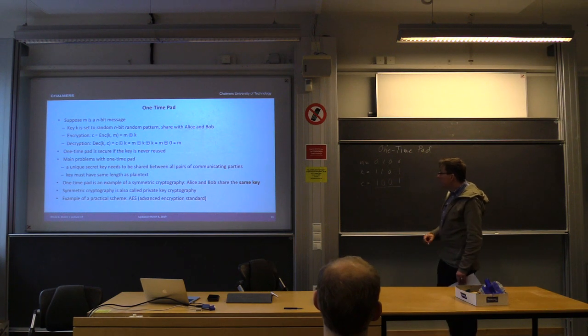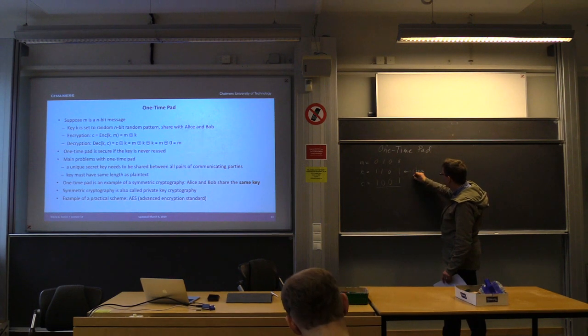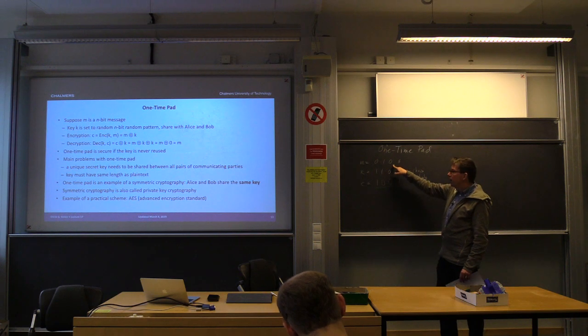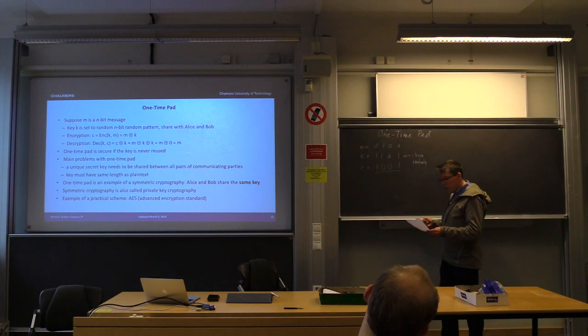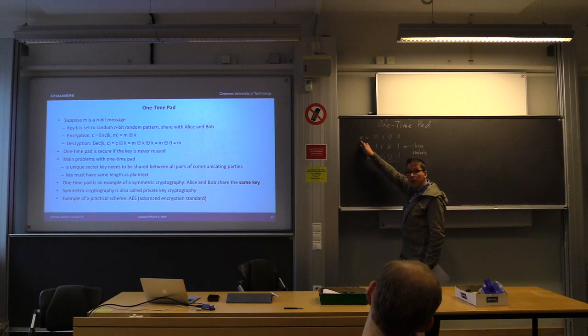So my claim is that if the key is chosen randomly, then if we only know C, we know nothing about M. One way to look at this is to think of information as a random sequence of bits.